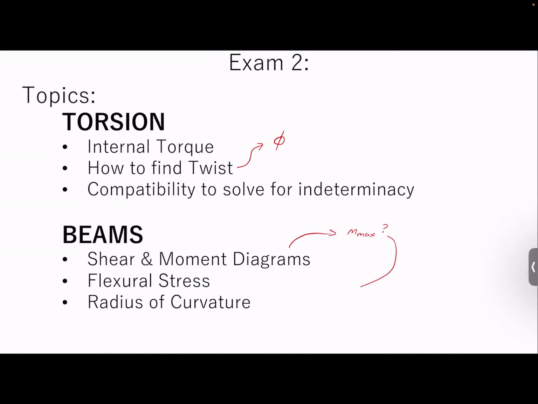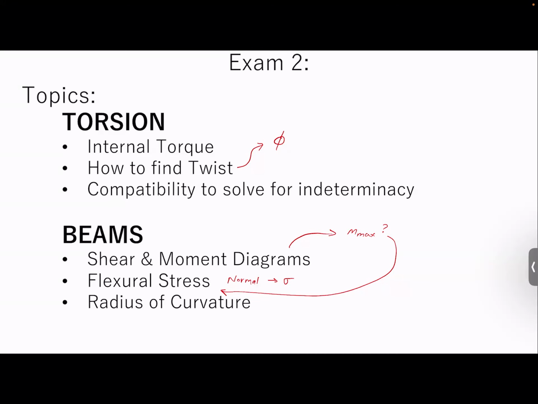Then based off of that max moment, how do we find the flexural stress, which is a type of normal stress, which is this, sigma. And also, how can we estimate deformation from the radius of curvature? We'll talk about it more in the examples. The beam side is kind of linear: shear, moment, flexural stress, radius of curvature, following the steps down.